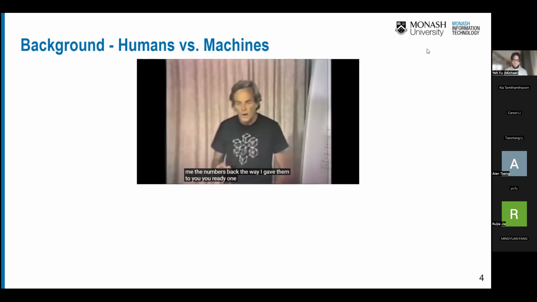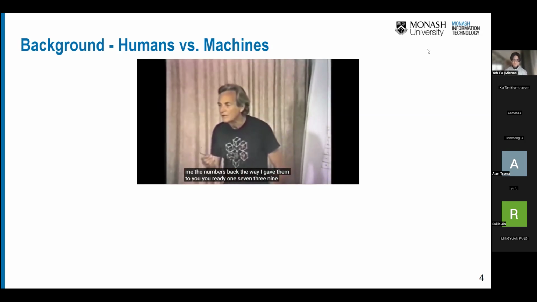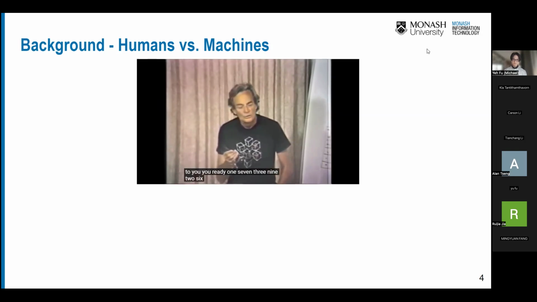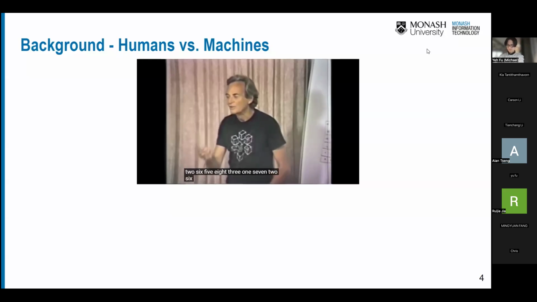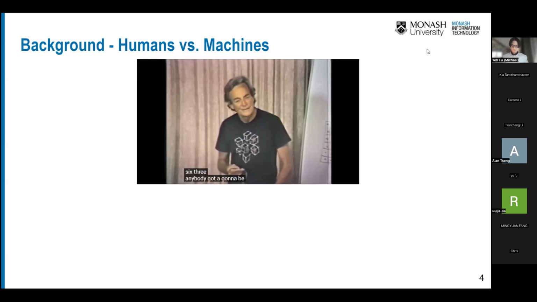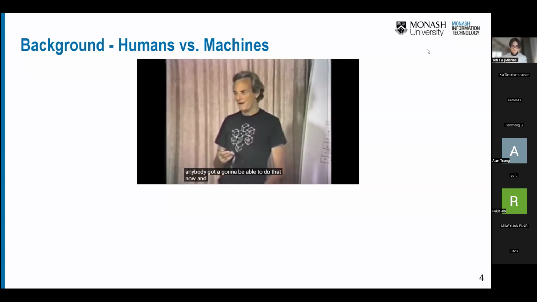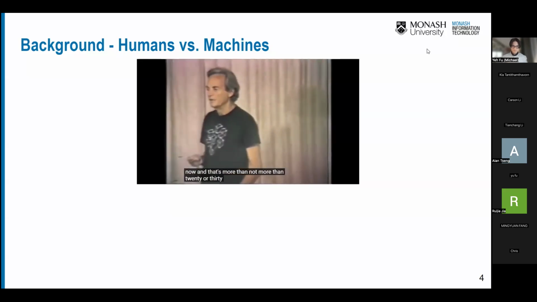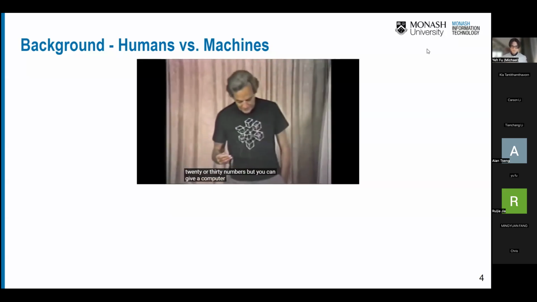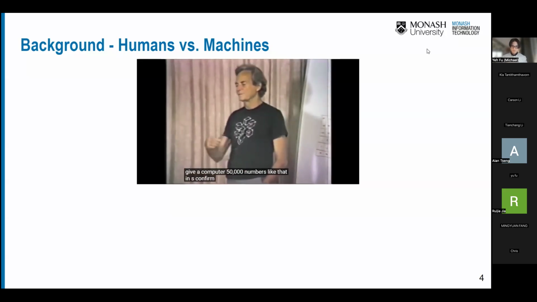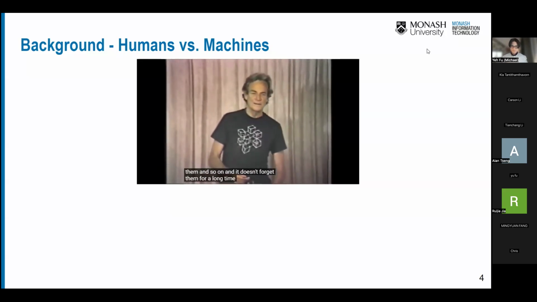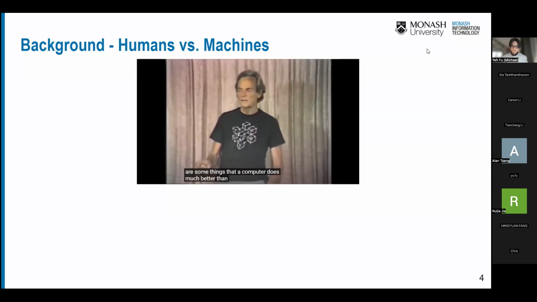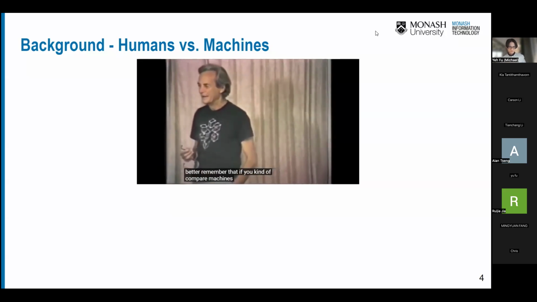You ready? 1, 7, 3, 9, 2, 6, 5, 8, 3, 1, 7, 2, 6, 3. Anybody going to be able to do that? No. And that's not more than 20 or 30 numbers. But you can give a computer 50,000 numbers like that and ask for them in any reverse order, the sum of them, or do different things with them and so on, and it doesn't forget them for a long time, etc. So there are some things that a computer does much better than a human, and you'd better remember that if you kind of compare.